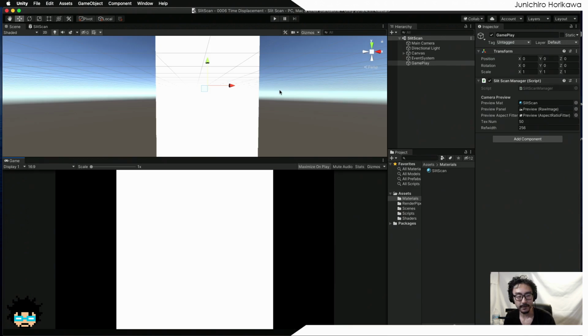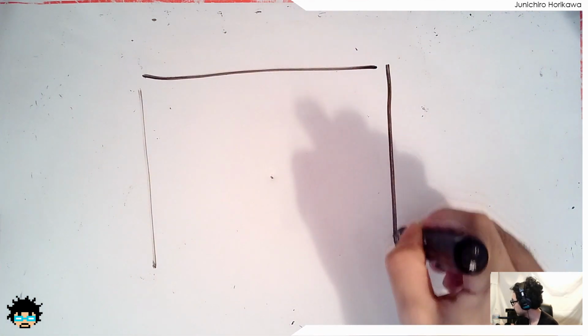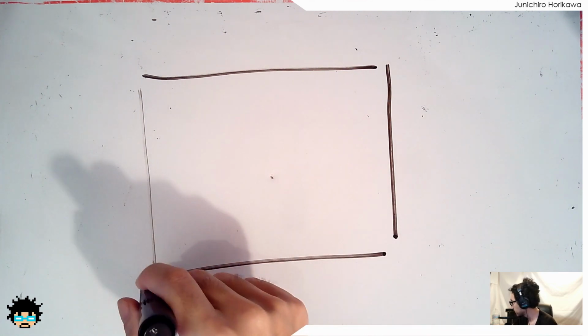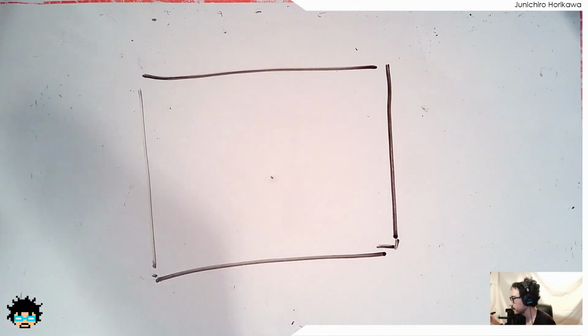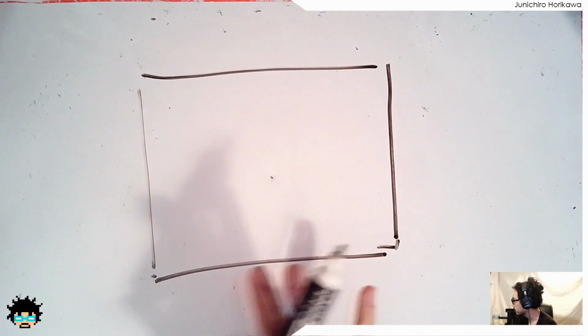Okay, so let's do this. First of all, let me explain an algorithm in order to achieve this effect. So say you have an image, a webcam image, which changes in real time, and you first create a bitmap grayscale image covering this resolution.